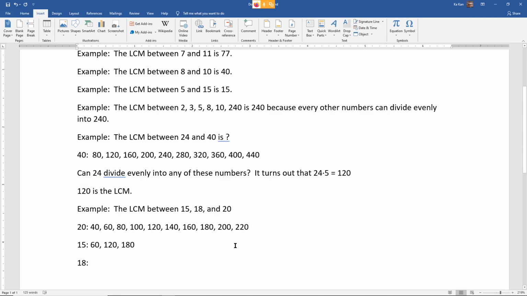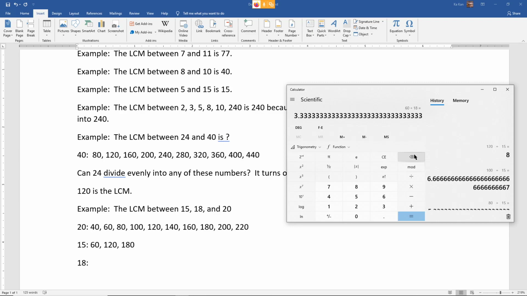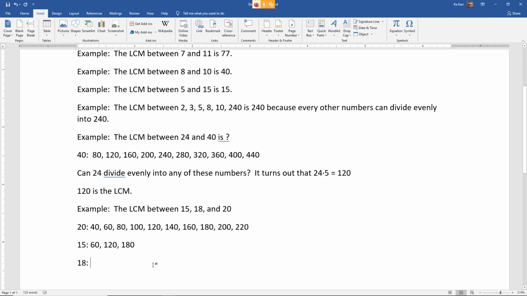Now the question is 18. What number can 18 go into? That's going to be a lot tougher because you can keep dividing and you will see that the only one, so you can try 60 divided by 18 or whatever, you can try all that, but you will see that the only one that's going to work is 180. And you can also just use these 3 numbers, right?